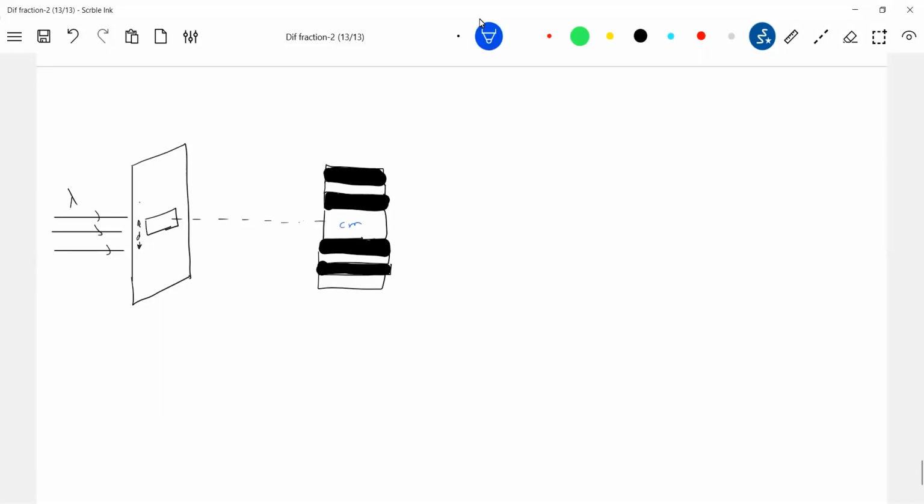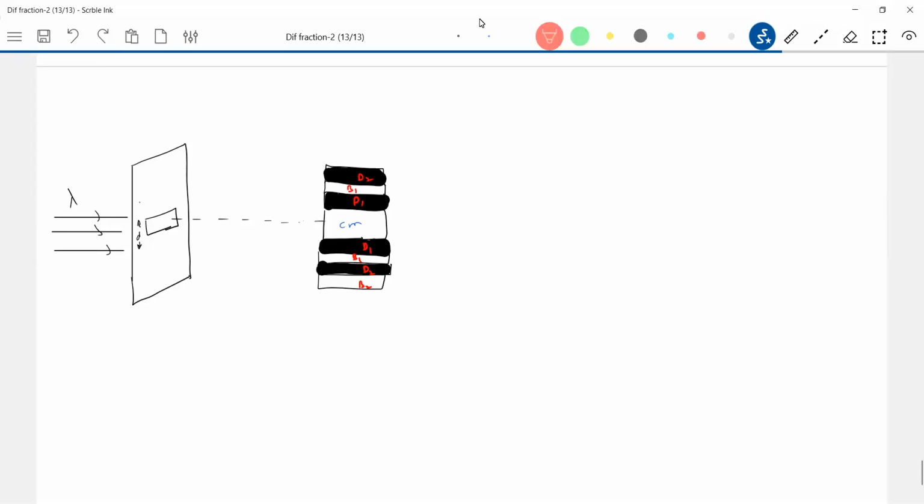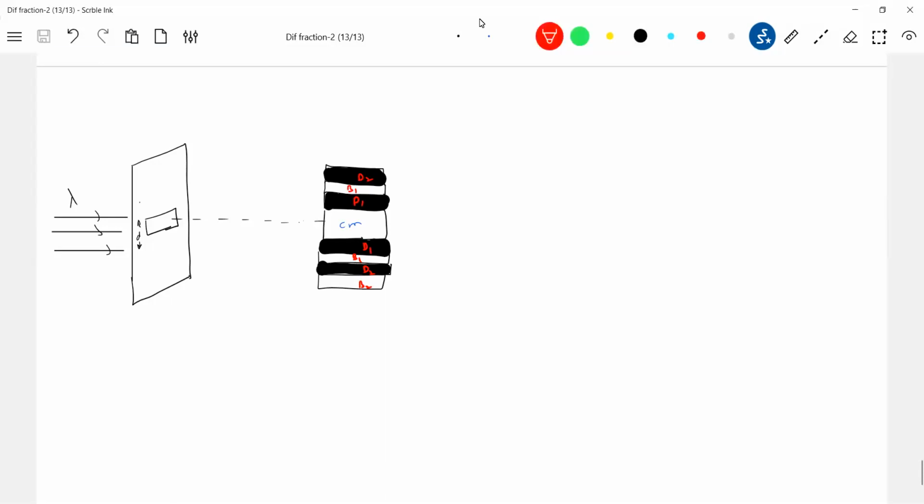This is D1, D2, B1, D1, D2, B2 for the rectangular slit. And what is that position? Theta 1 is lambda by D. So what was the angular position we used to give? What is theta 1? Lambda by D. Do I agree with this? If the slit is rectangular, there is this pattern on the screen.